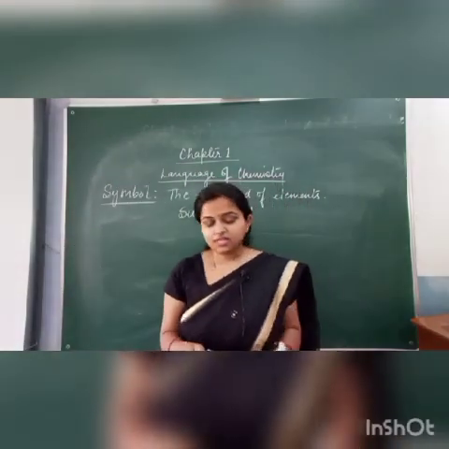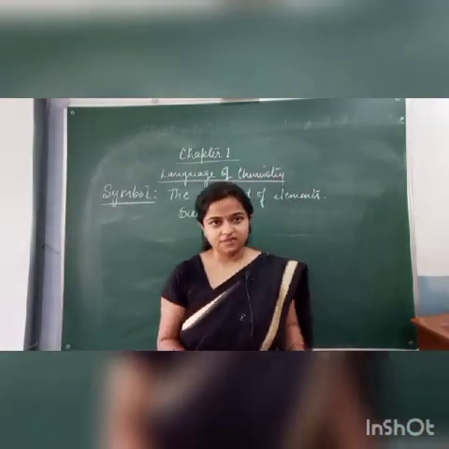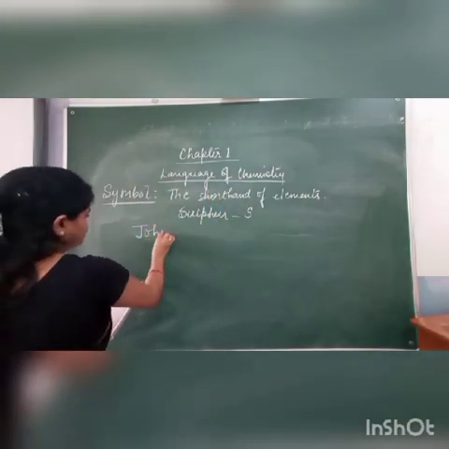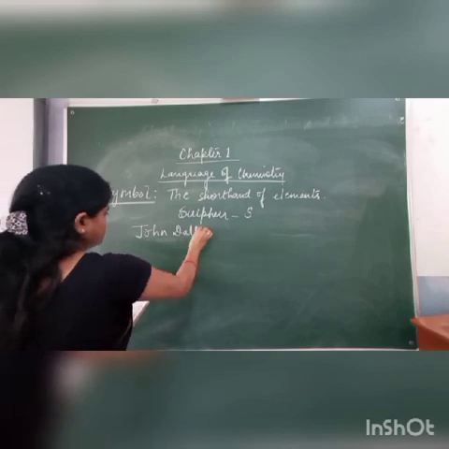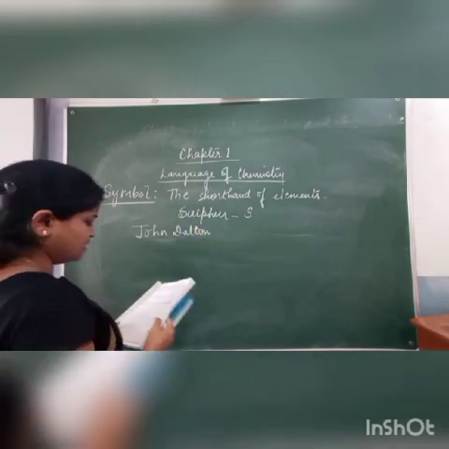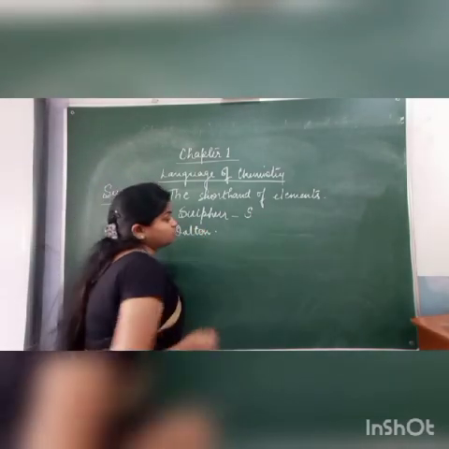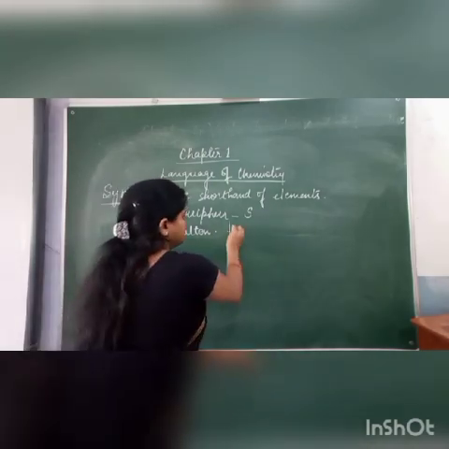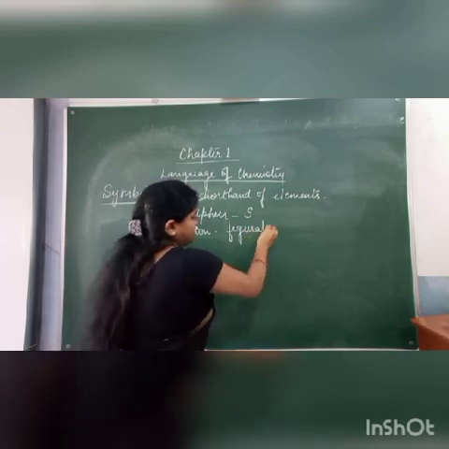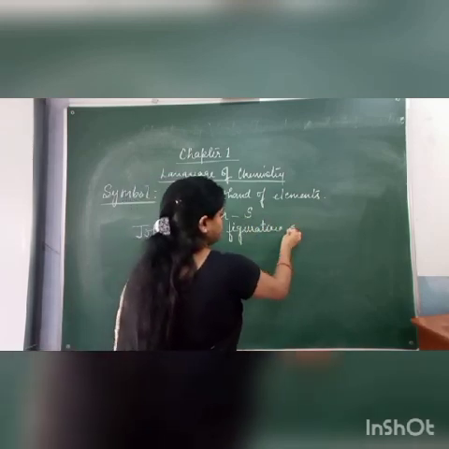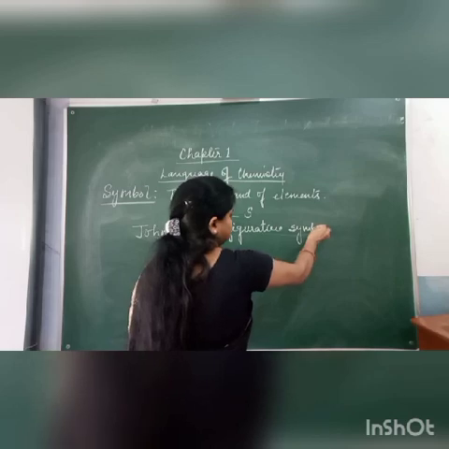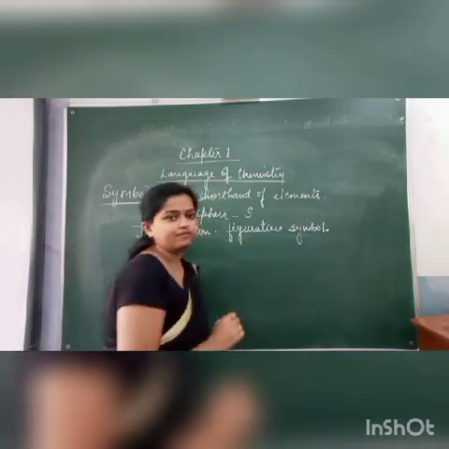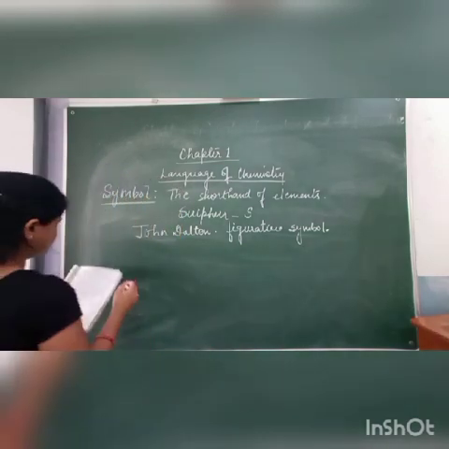So, in the year 1807, John Dalton suggested that whatever elements are available, we will write their figurative symbols. What symbols did he give?